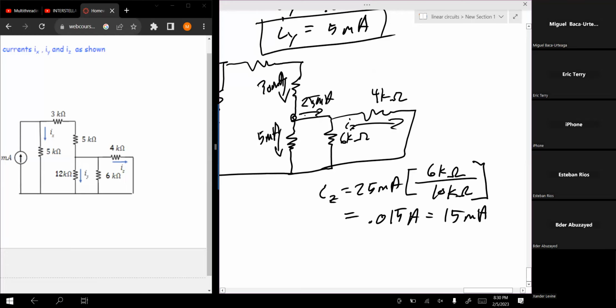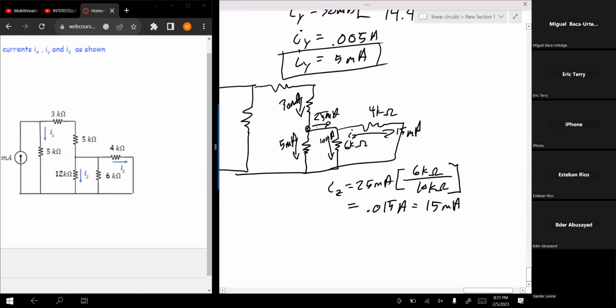No, wait, I got the wrong numbers here. Whatever. So we know we have 15 milliamps flowing through there, and by basic deduction, we could assume that we have 10 milliamps flowing through there. That's not a required answer, but it's good to know.